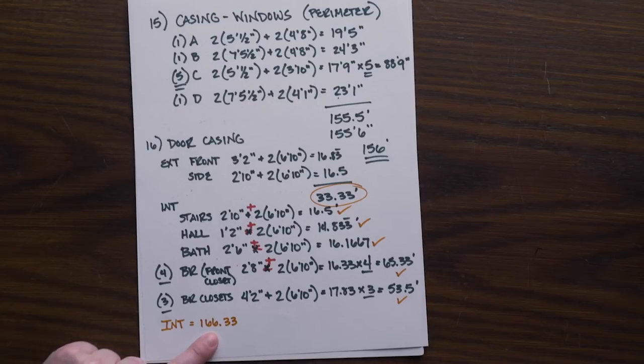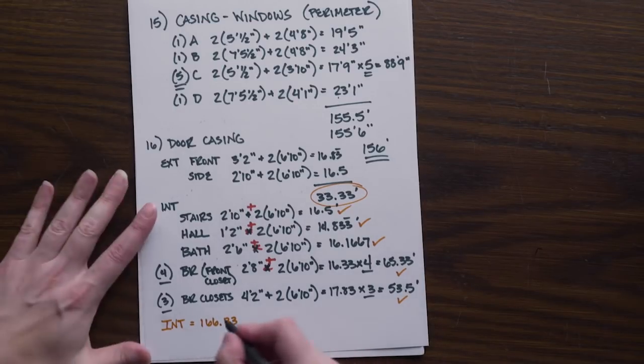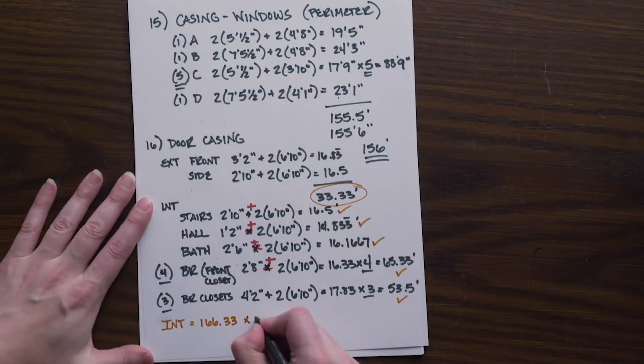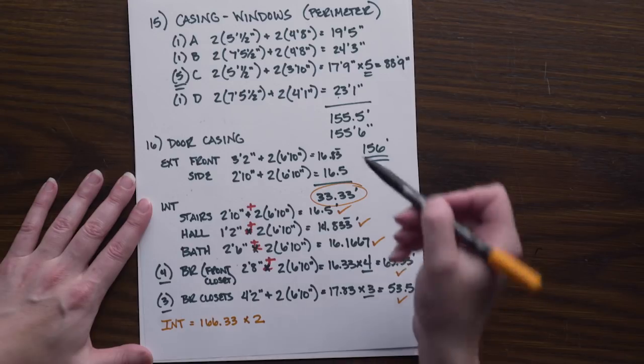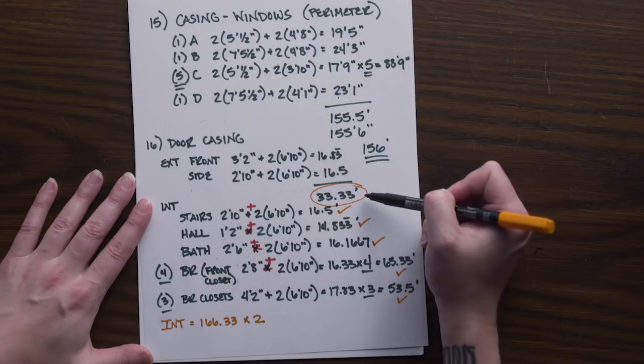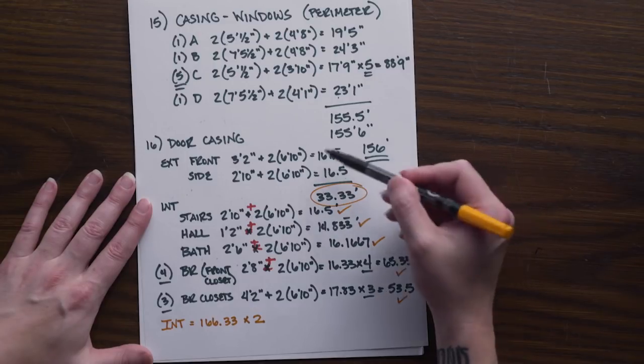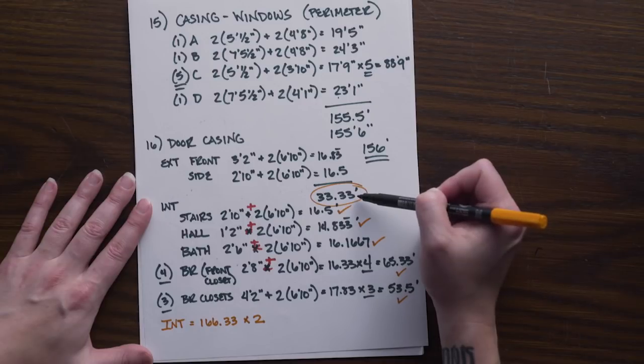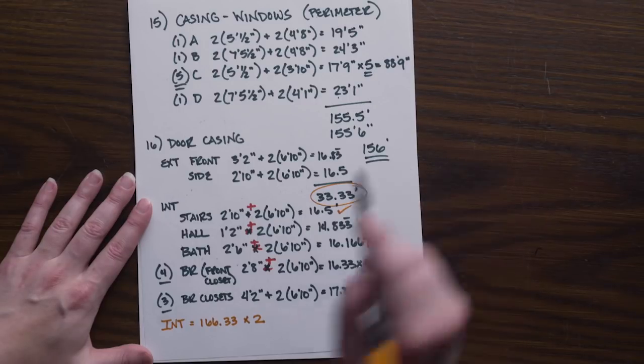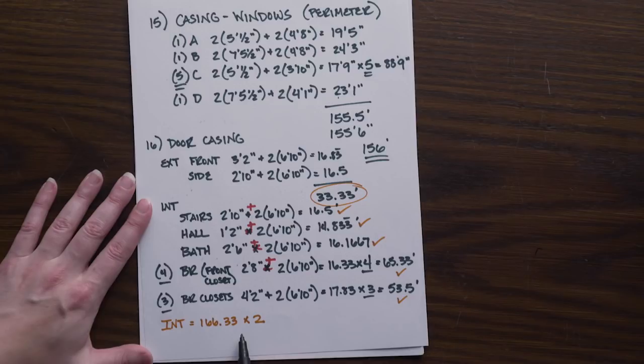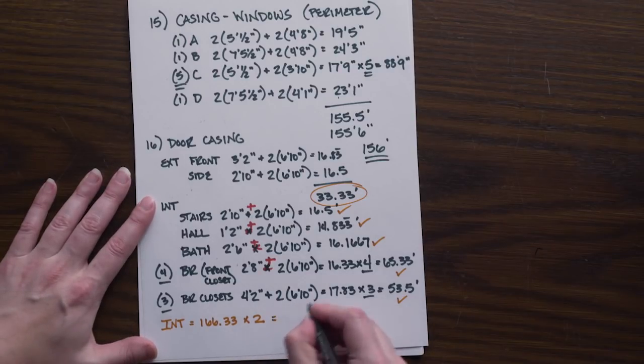Now, one thing we need to make sure we pay attention to is that for our interior doors, we need to multiply it by 2 because we're going to have casing on both sides of our door. On our exterior walls, we'll only have it on the interior. On the outside, we'll have our exterior trim or brick mold or whatever it might be, but it will not be our standard interior casing. So we only multiply our interior by 2.